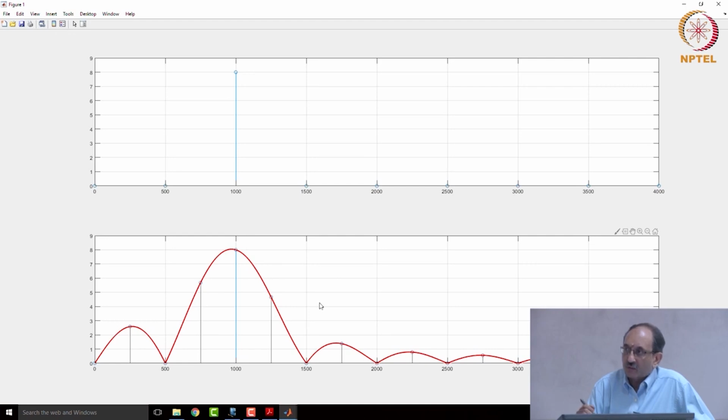But again, the farthest two things can be apart is Fs by 4, for a real valued signal. So if now the frequency is much closer to say 4000, you will have interference from the other image that has come close to 4000 from the other side.